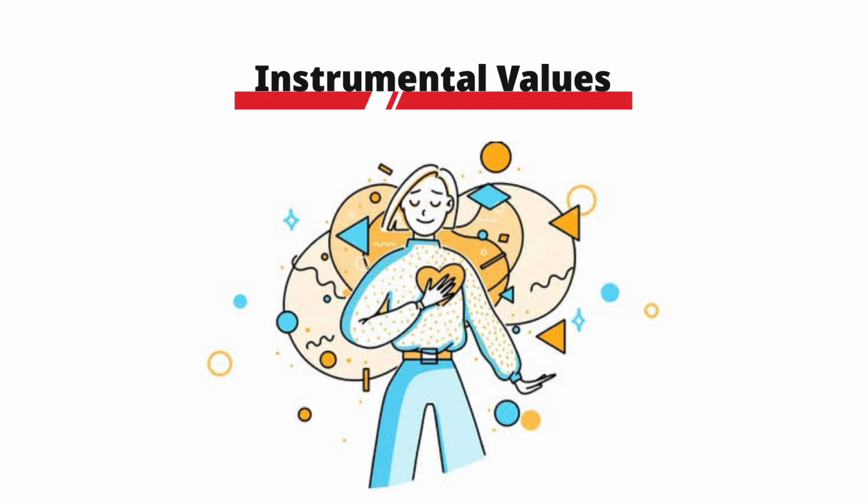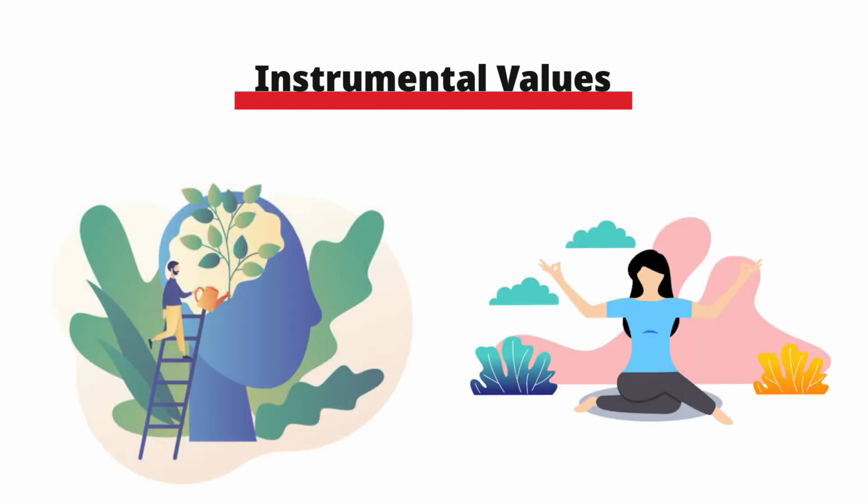The 18 individual value items of instrumental values are ambitious, broad-minded, capable, cheerful, clean, courageous, forgiving, helpful, honest, imaginative, independent, intellectual, logical, loving, obedient, polite, responsible, and self-controlled.